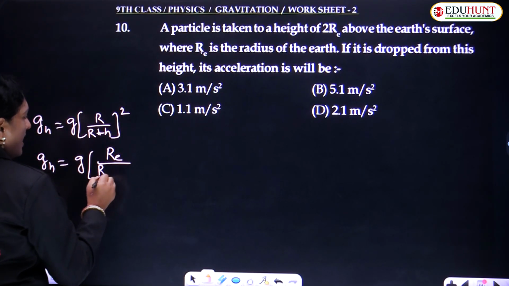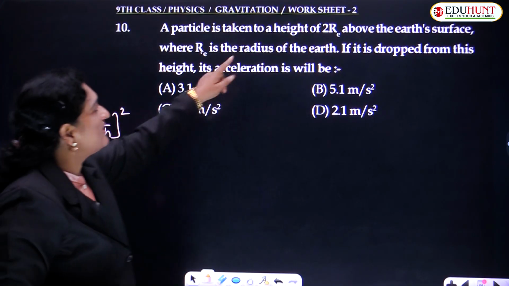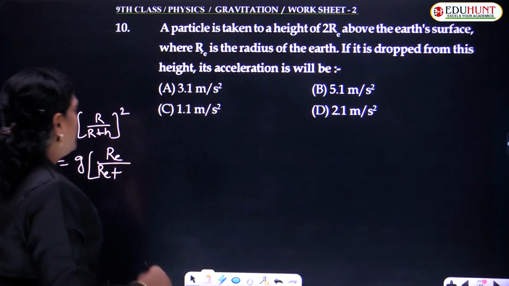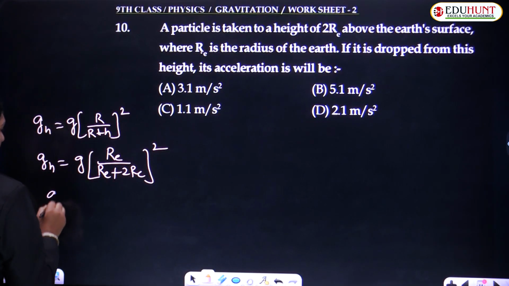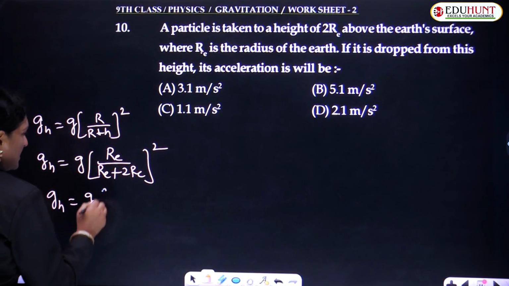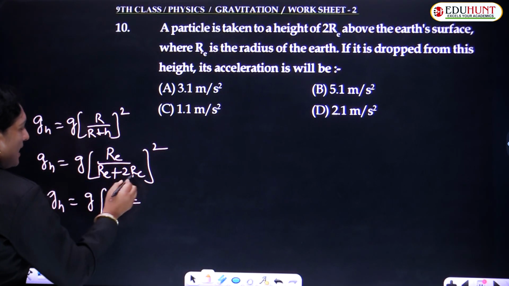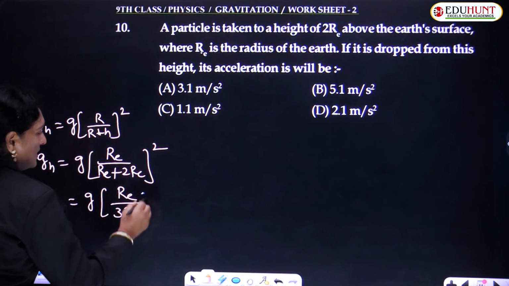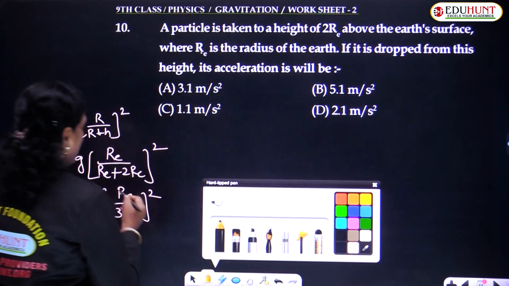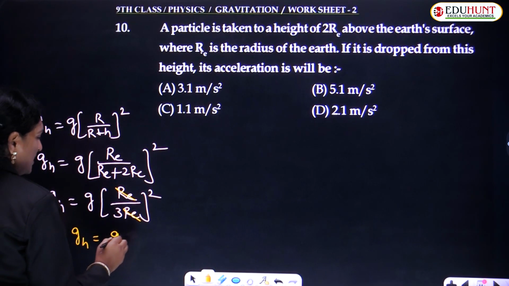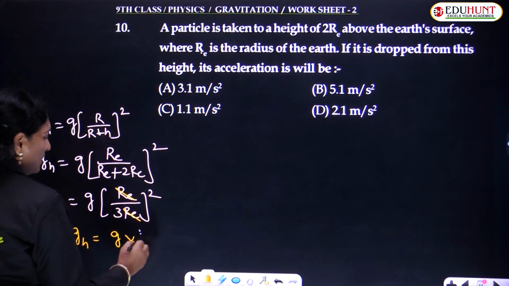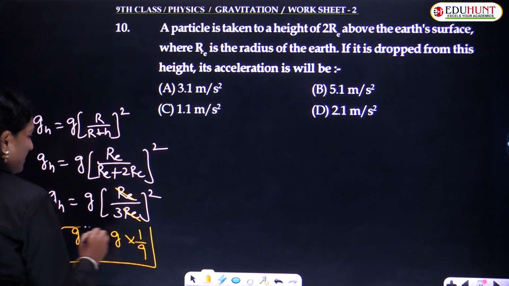So RE plus the height, h is 2RE, whole square. Or gh is equal to g times RE upon (RE plus 2RE, which is 3RE) whole square. So RE gets cancelled. Therefore, the value of gh is found to be g times (1 by 3) whole square, which is 1 by 9.